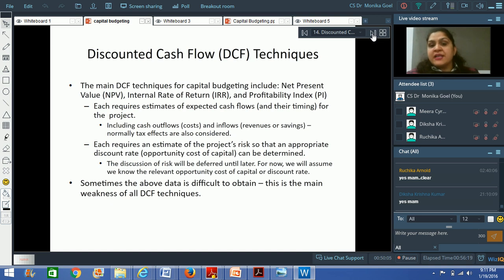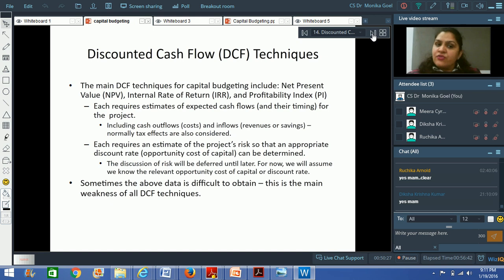The expected cash flows. In future, if I'm going to make this particular investment, what is the return, what is the cash flow that I can expect from this investment? So first of all, you have to make an estimate of the expected cash flows, and not only the estimate of the cash flows, but also their timing.